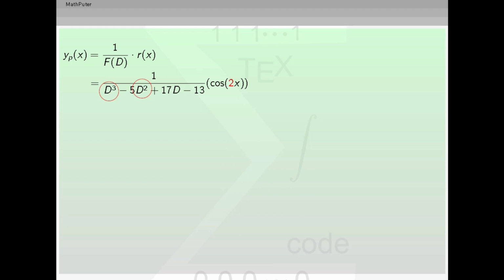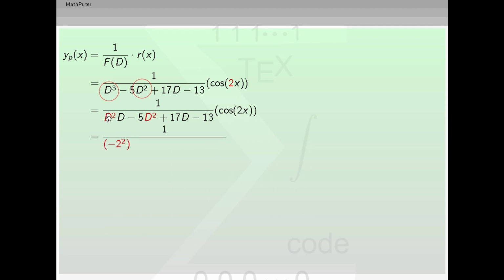How do we rewrite D cube? It is D square into D, right? So it has D square minus 5D square plus 17D minus 13, into cos 2x. So we have two terms which contain D square. In place of D square, we write 2 square with an additional minus sign.